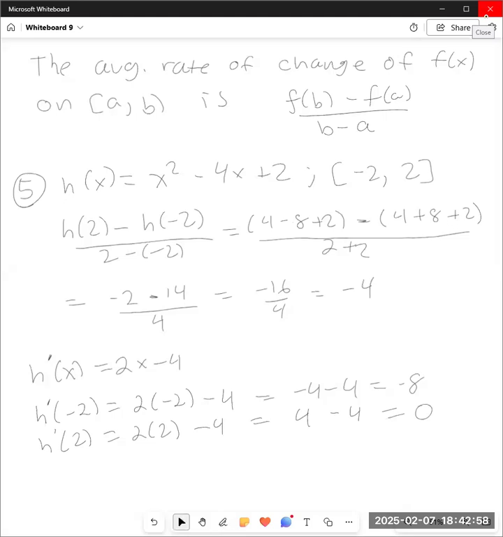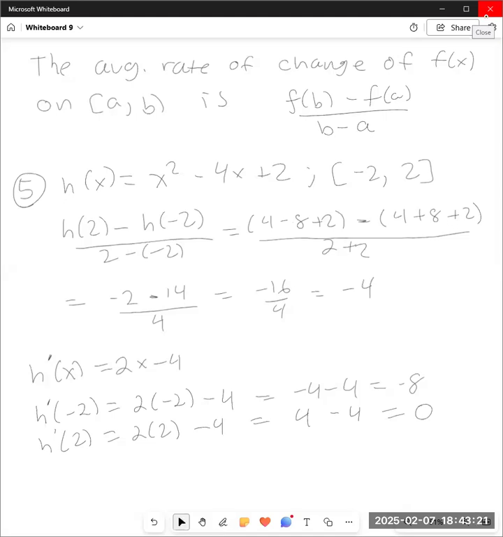to 0. And even though they didn't tell you to explicitly do this, what they mean when they say compare the values is they want you to see that -4 is in between 0 and -8. It doesn't need to be halfway in between. It just needs to be somewhere in between 0 and -8.